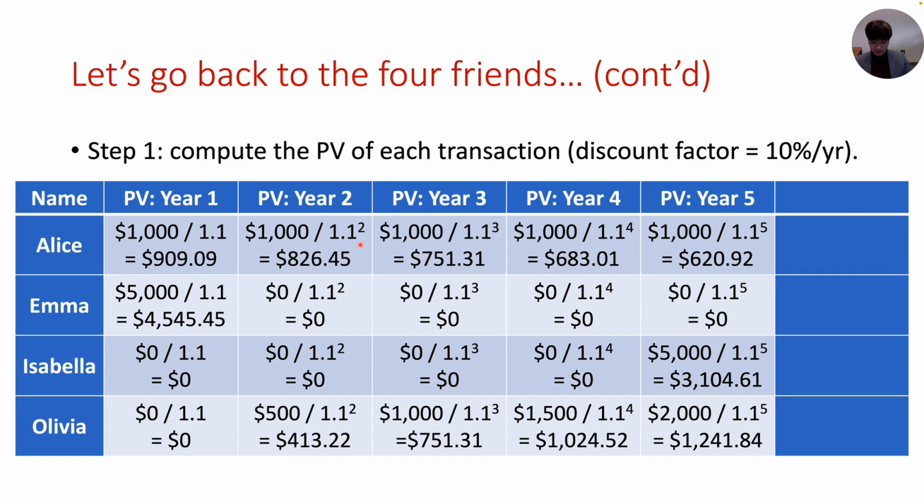For the second year, all transactions are discounted twice, so they are divided by 1.1 twice. Doing the same thing for the rest of the years, dividing by 1.1 3 times for the third year, 4 times for the fourth year, and 5 times for the fifth year. You have the present value of each transaction.